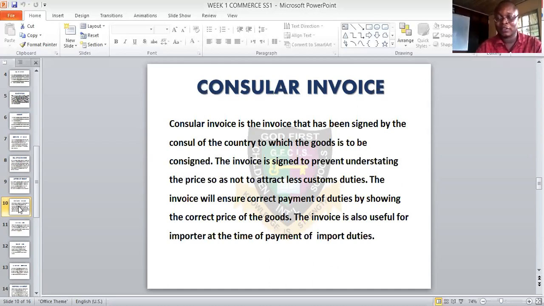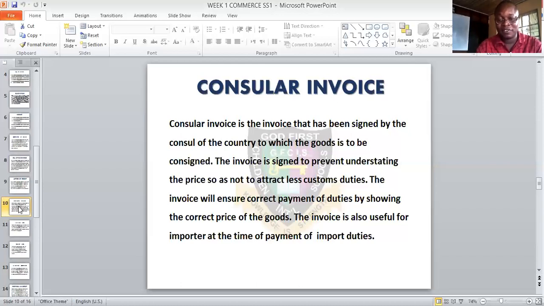You know that all this we are talking about, they will pay custom duties. These are local taxes that we levy on goods and commodities. So the invoice will ensure correct payment of duties, so that they charge the correct custom duties on these goods.